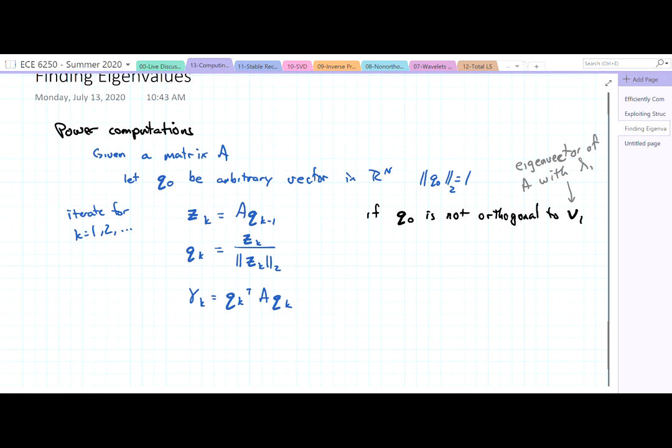Okay, so how does this seem to work? As k gets large, we have that qk goes to V1, and gamma k goes to lambda 1. So we won't go through a detailed proof of how this works, but we can go through some little demonstration of what's going on here.